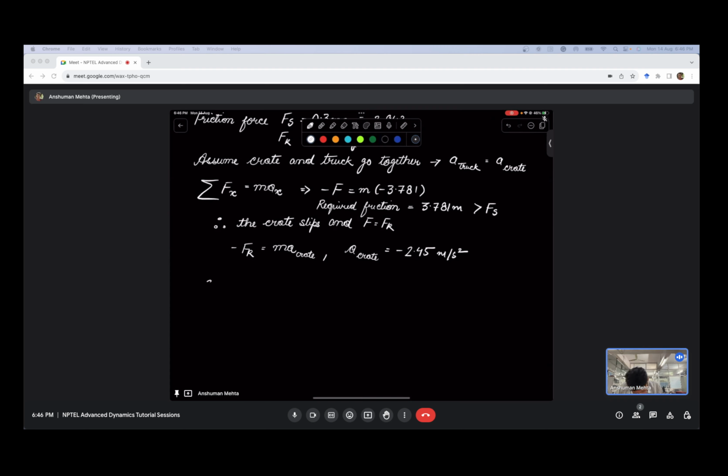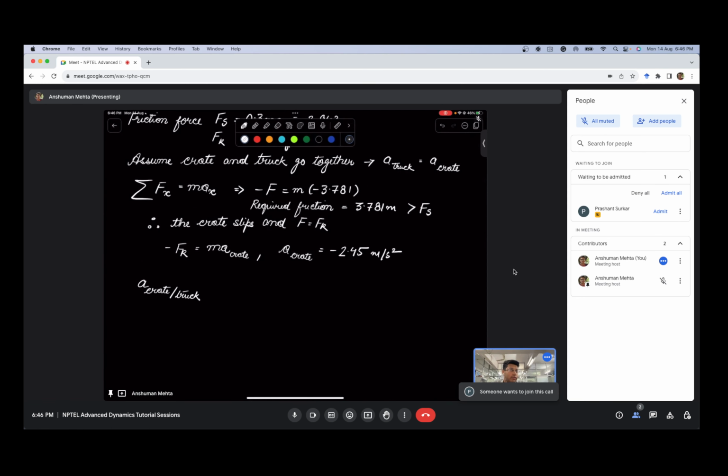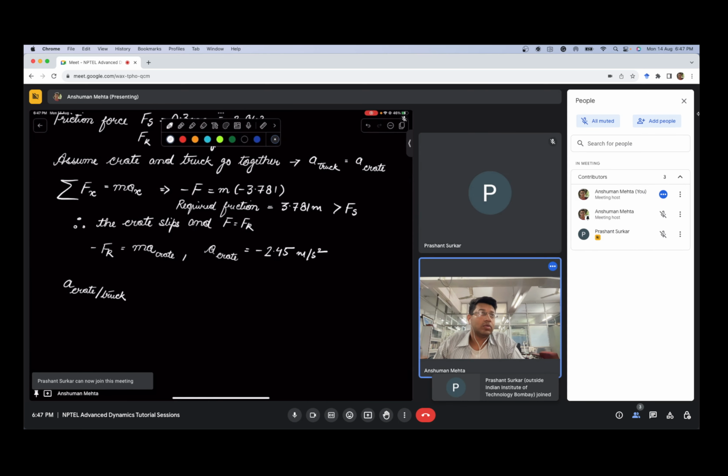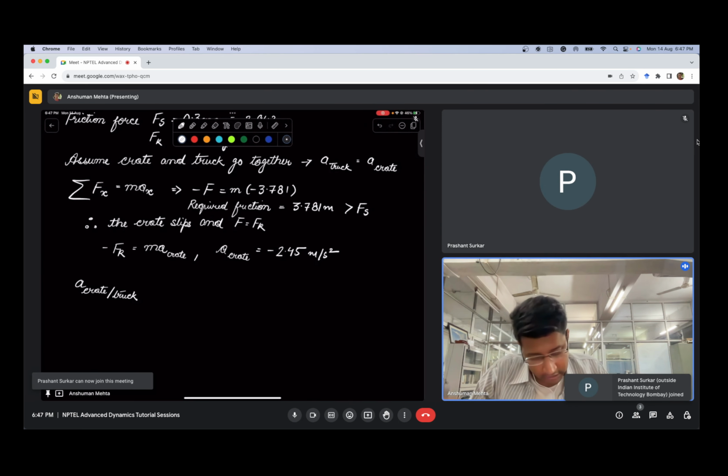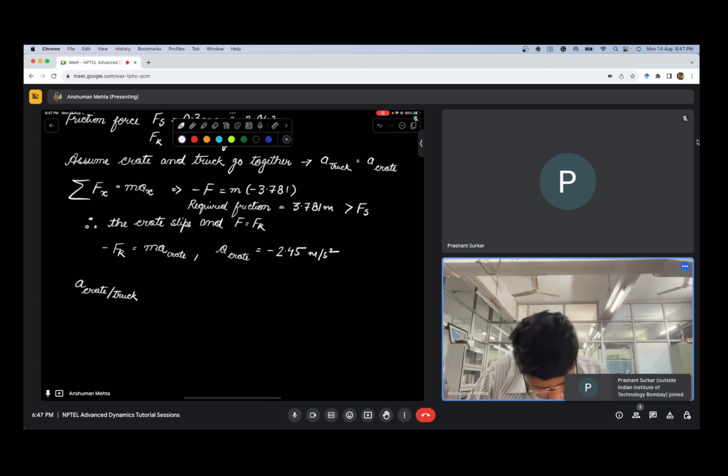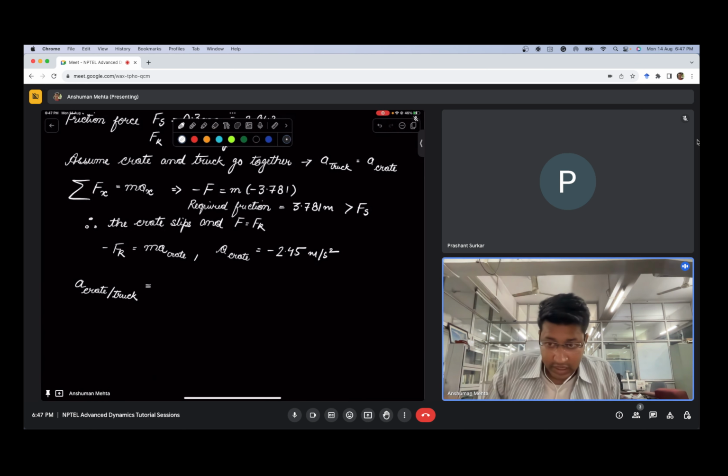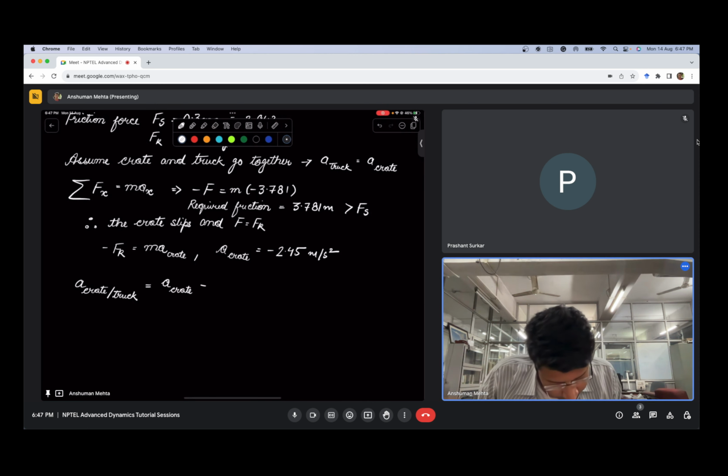Now if we say acceleration of the crate with respect to the truck, if you want to find out this relative acceleration, this can be done by the simple relative motion formula.